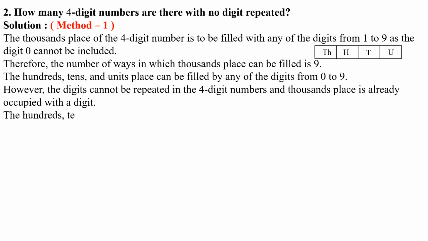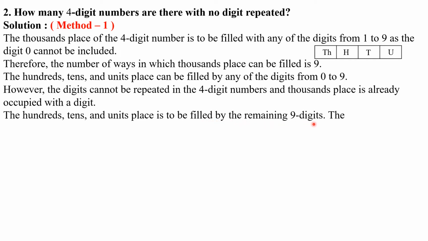The hundreds place, tens place, and the units place, 3 empty boxes are there to be filled. These 3 places, hundreds, tens and units place, are to be filled by the remaining 9 digits. Yes or no, my children? There will be 9 digits left in our hand.